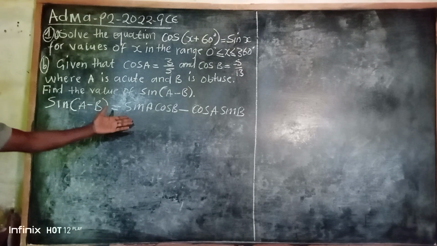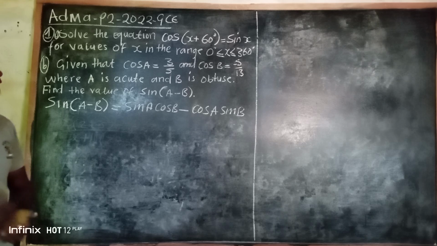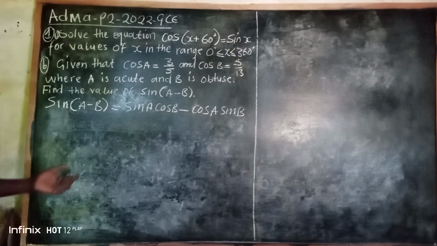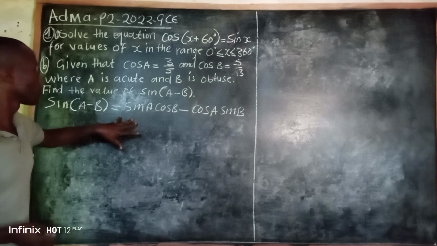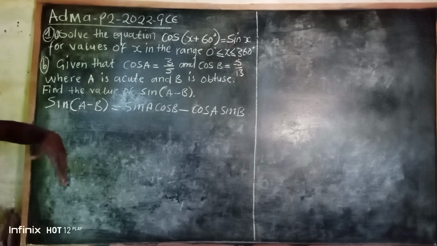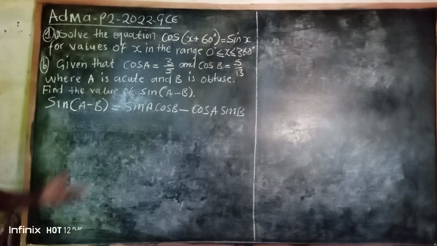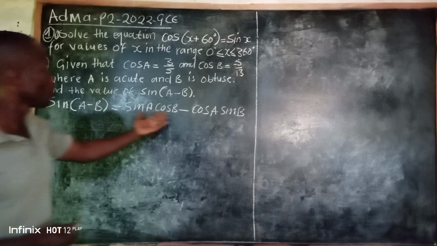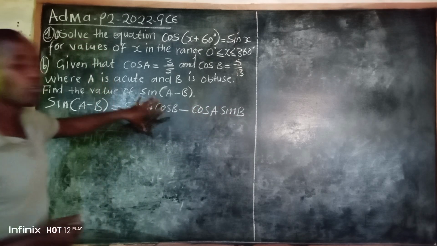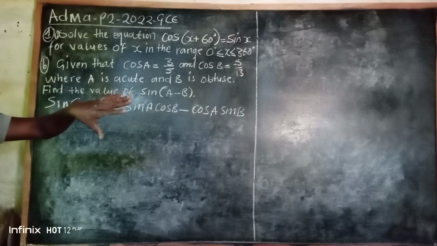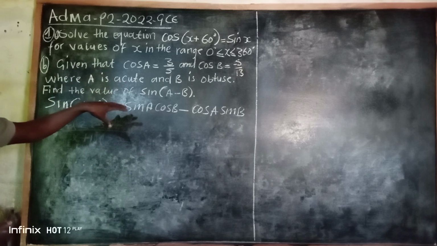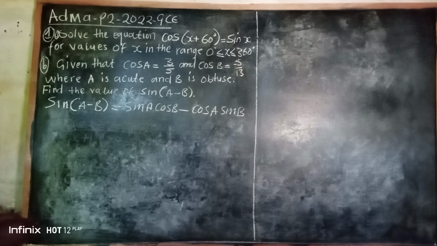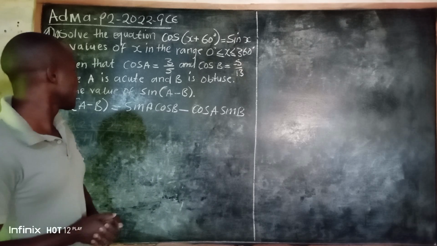Now for this one, we are going to use an identity known as the Pythagorean identity. That is the one we are going to use to find sine A and sine B. That is where we are going to substitute what we are given, including the one that we are going to find. Okay, so now let us see how we use the Pythagorean identity.